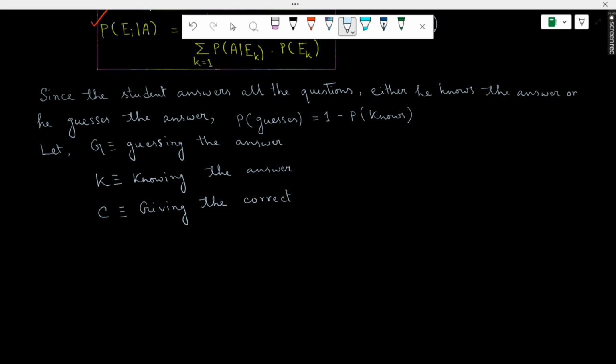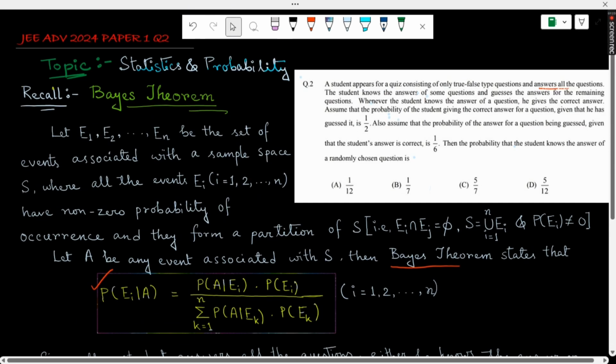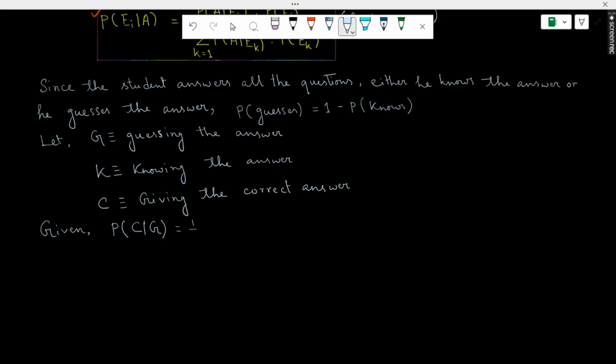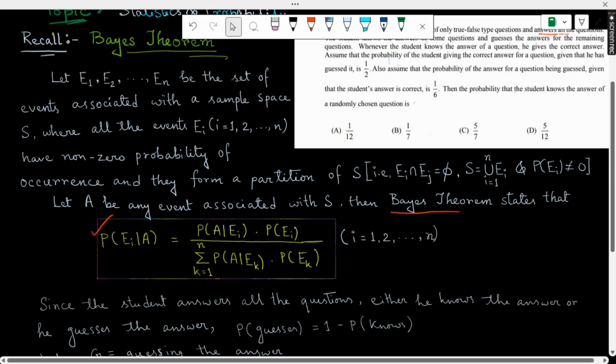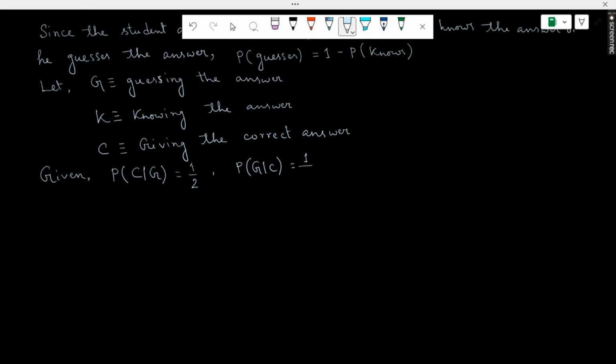Now, given that probability of C given G, that means probability of giving correct answer given that it has been guessed, is equal to half, and probability of G given C, that means probability of guessing the answer given that the answer is correct, is equal to 1 by 6.